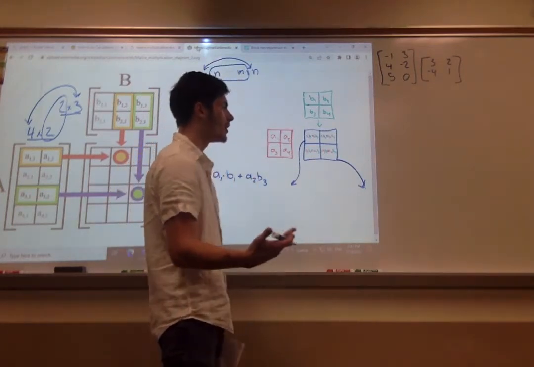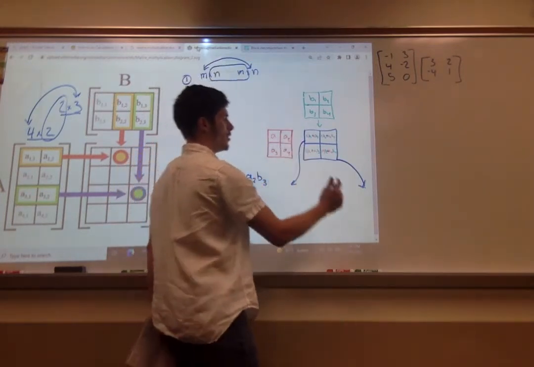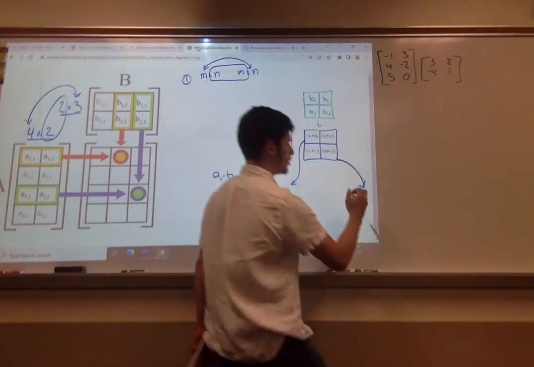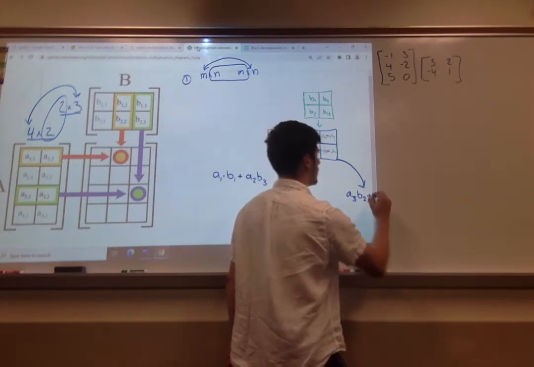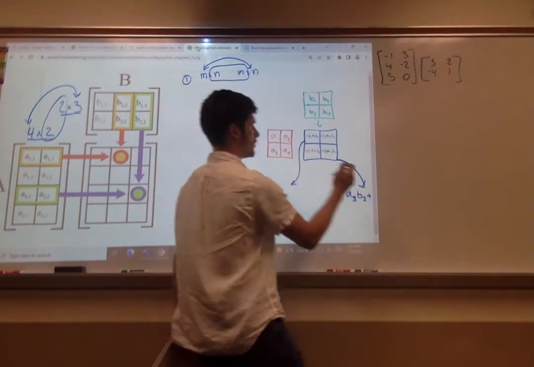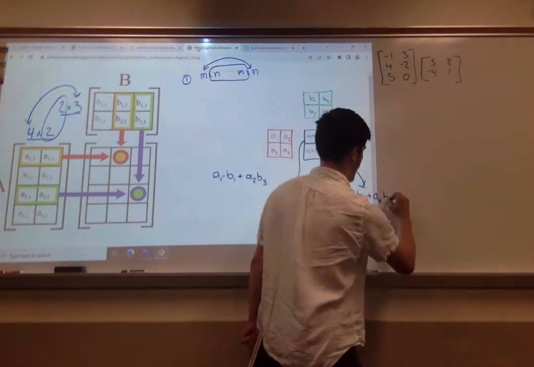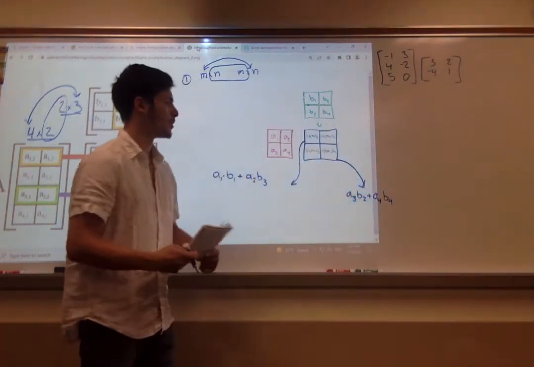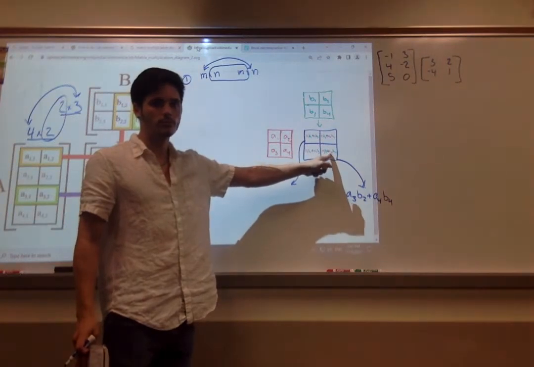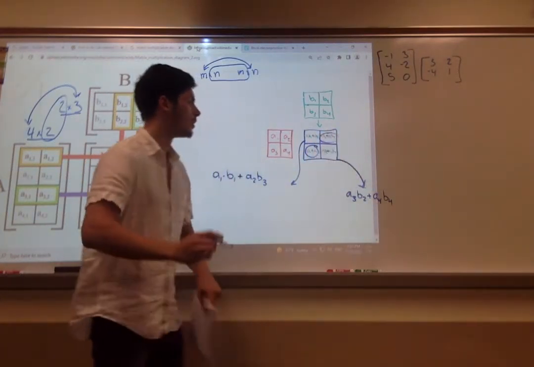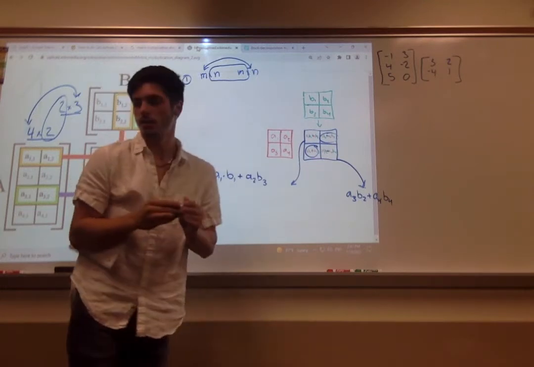So if we're in the bottom right, we're looking at the bottom row. So we've got A3, and then the right column, so B2. So A3 times B2 plus A4 times B4. And that's going to be our entry for this block. And from there we would have to find the others as well. But that's just to give you an idea of that.